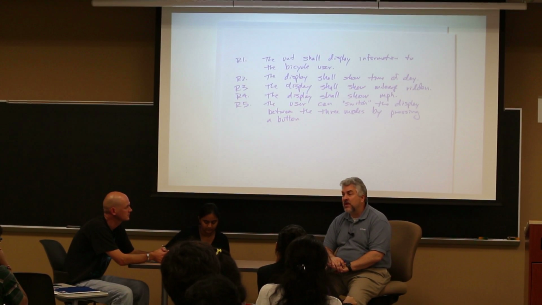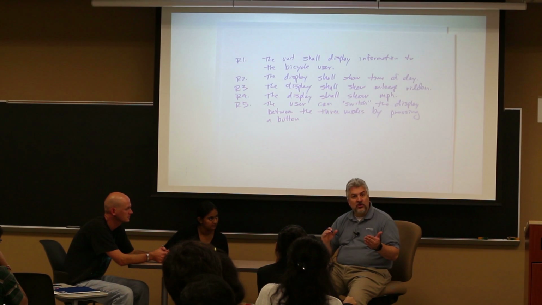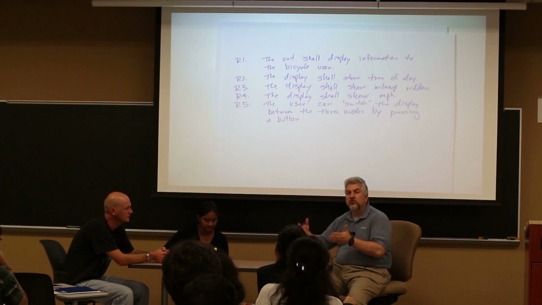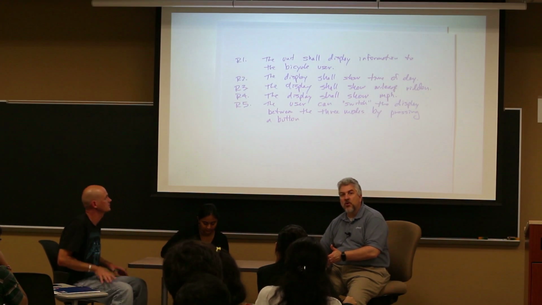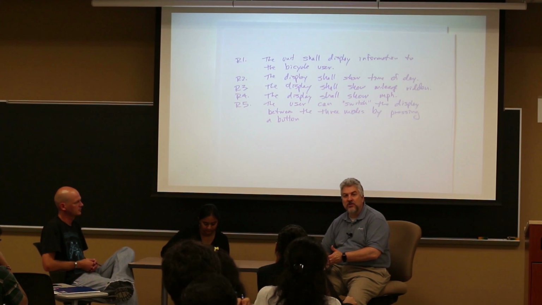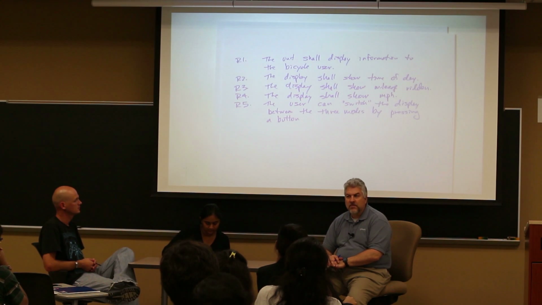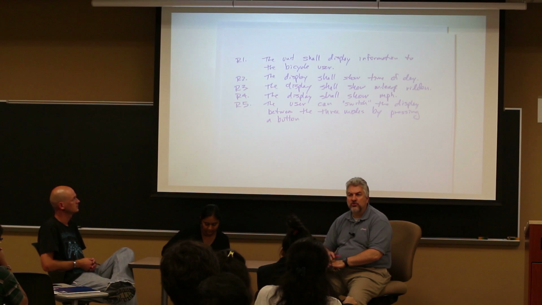For example, if one of the aspects of this is cost, or the previous product had an 8-character display that only had a timer, speed, and miles ridden, maybe you want to ensure that you have more characters to allow more information to be displayed. All right? Any other comments on requirement 1? Any comments on requirement 2?